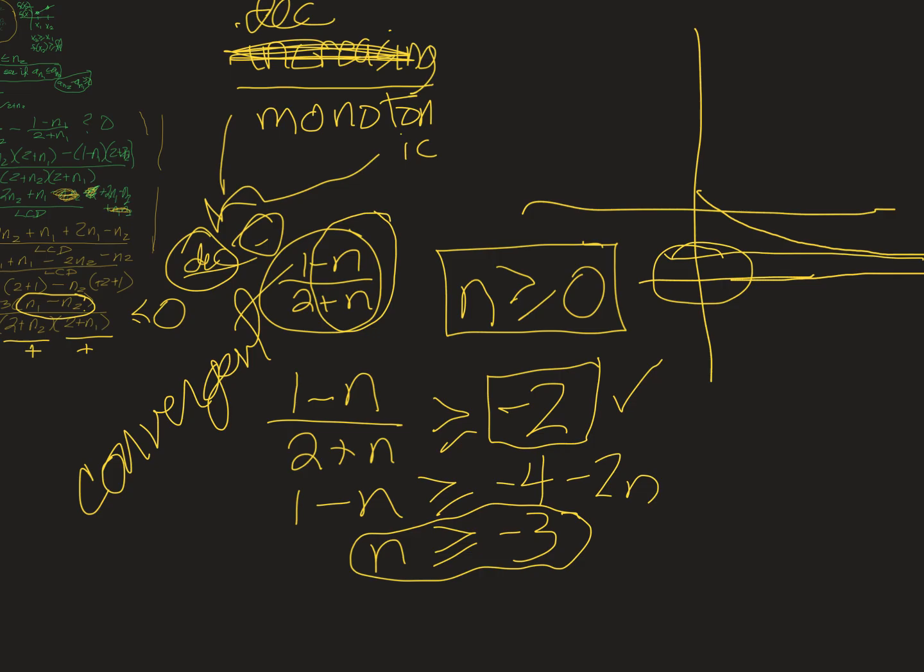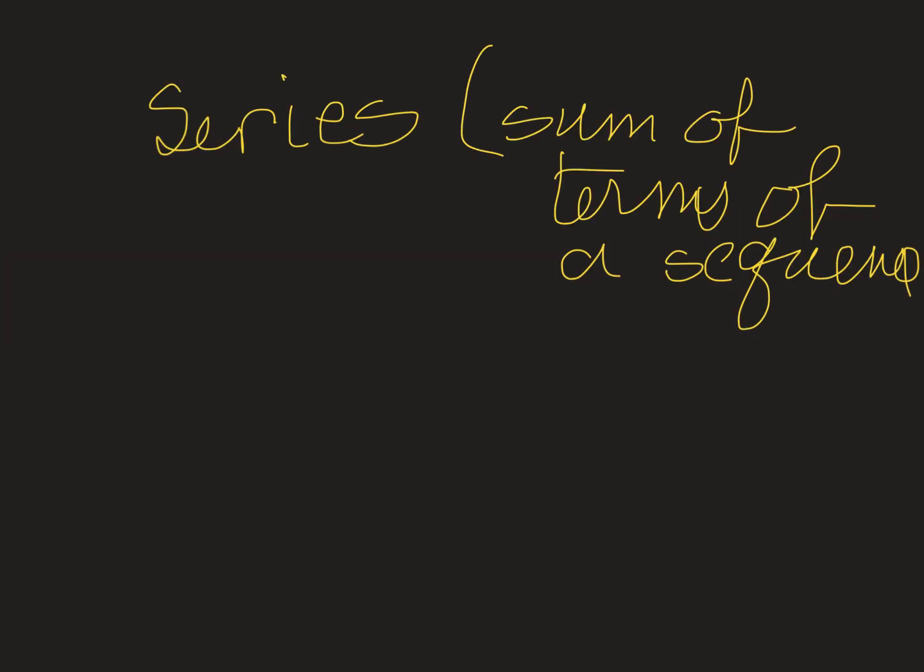Let's move on to 11.2. Okay, so we're going to talk about series now. The first thing I want to talk about is just the general comparison of a series to a sequence.